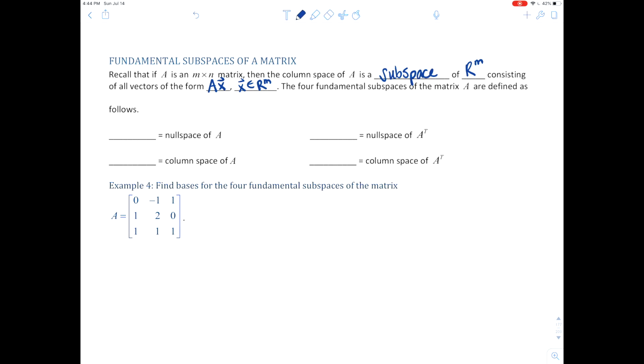The four fundamental subspaces of the matrix A are defined as follows. So remember that this here denotes the null space of A, column space of A, and we're focusing in this case on the null space and column space of A and A transpose only. The null space of A transpose, column space of A transpose. All right?